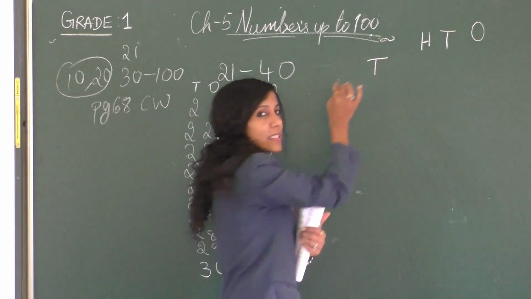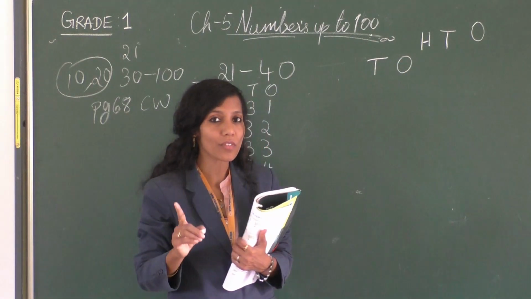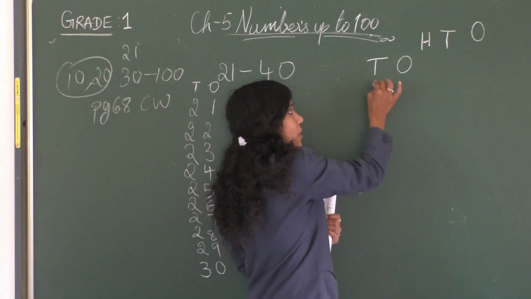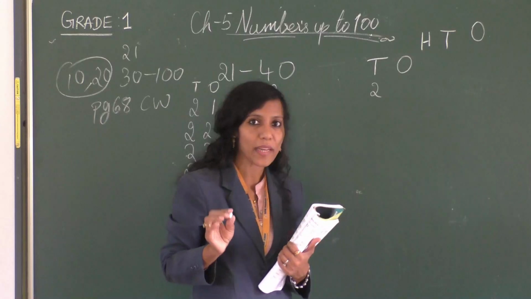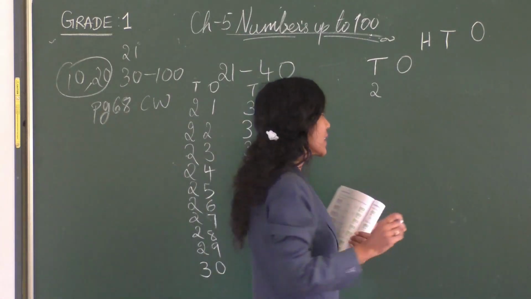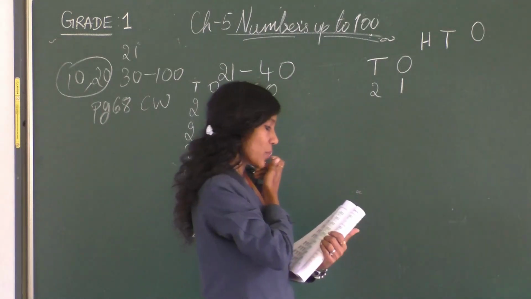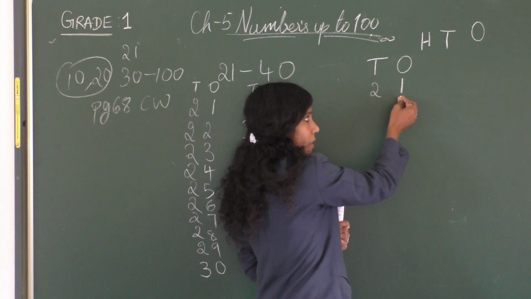We are taking only tens and ones, as we have not reached the 10th bundle of tens. We are just in the second bundle of tens. We did 20, the spelling you know, TWENTY. Now we are adding 1 ones, 20 and 1 ones, so this becomes 21.